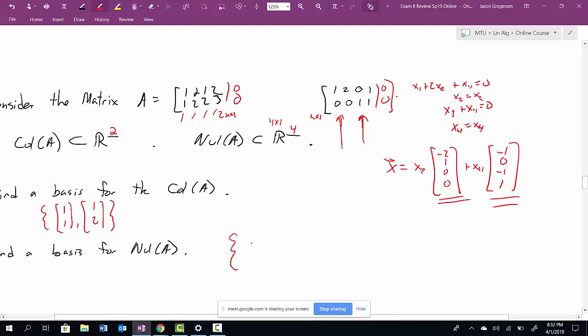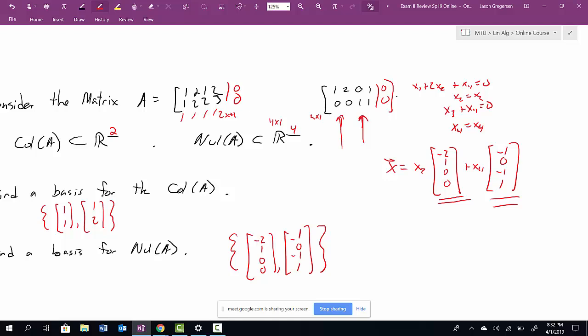So the basis for the null space would be (-2, 1, 0, 0) and (-1, 0, -1, 1). Which means the dimension of the null space is what? 2. The null space is a two-dimensional subspace of R4.